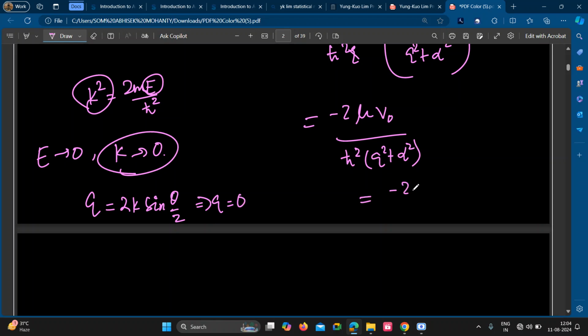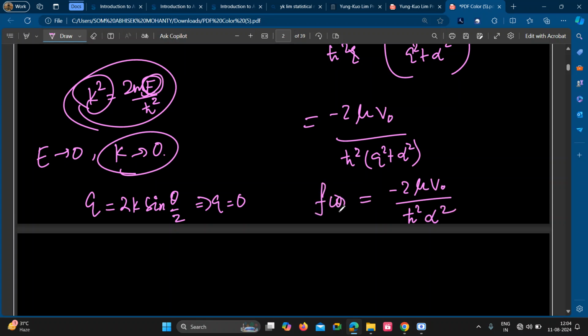So minus 2 mu V naught by h cut square alpha square. I hope you understood, E tends to 0. So 2mE by h cut square is k square. So when E tends to 0, k tends to 0. When k tends to 0, then q becomes 0 because q is 2k sine theta by 2. So this is the f of theta only.